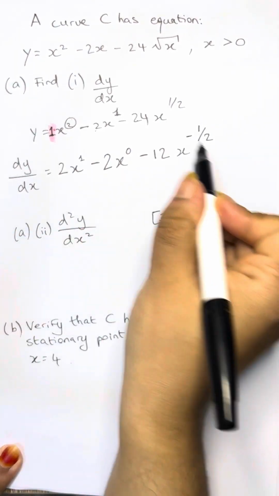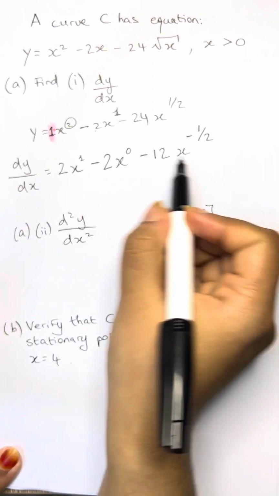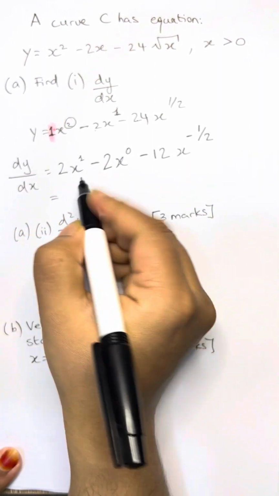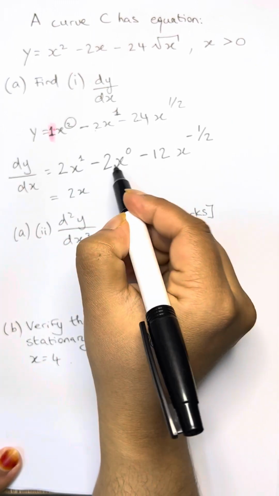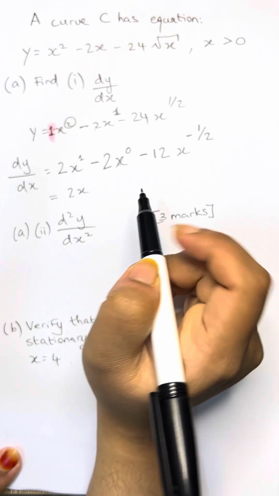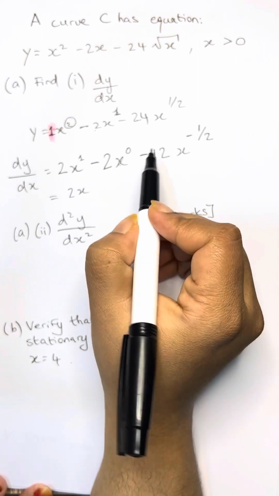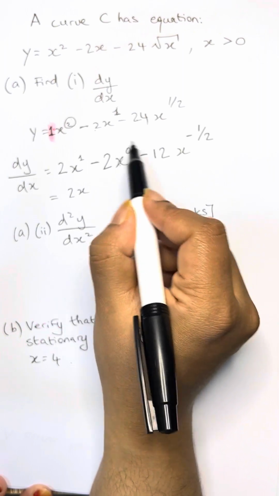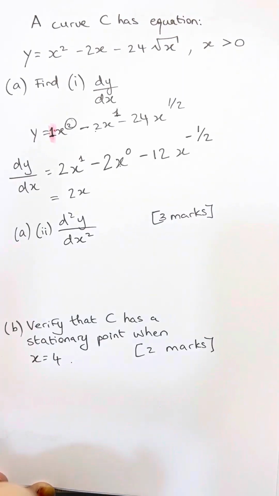Okay, so we need to rewrite this because in maths, this format doesn't look nice. So 2x to the power of 1 is just 2x. And then x to the power of 0 means 1, from the power formula. If you have a look at my indices laws, you will see that x to the power of 0 is always equal to 1.